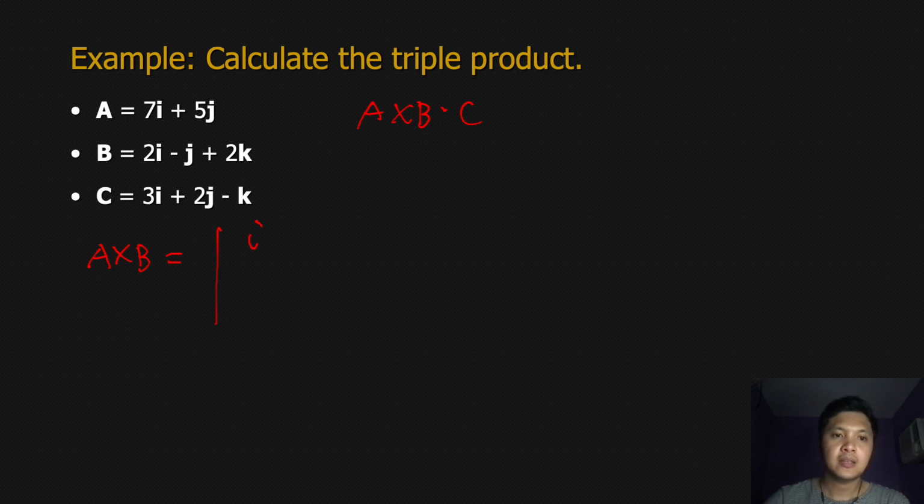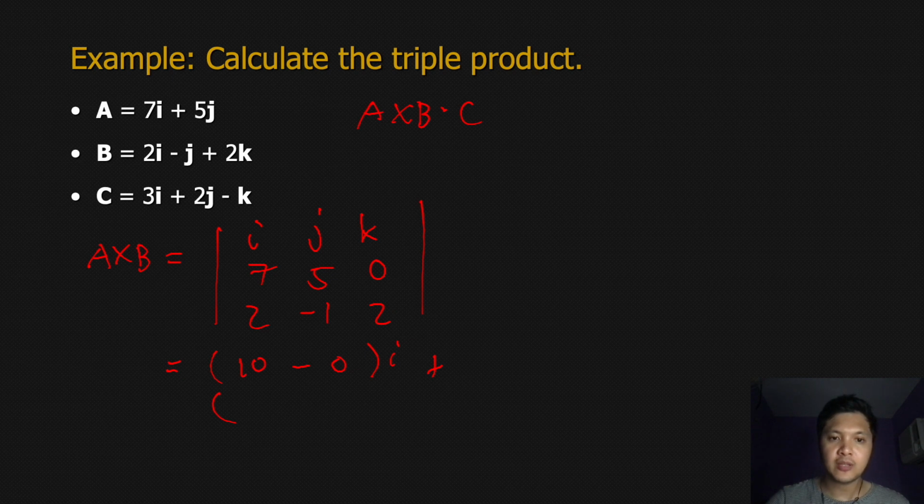So i, j, and k. 7, 5, 0, and then 2, negative 1, and then 2. So therefore, let's get this first, i. 5 and 2 is 10, and then 0, so minus 0, plus 10i.